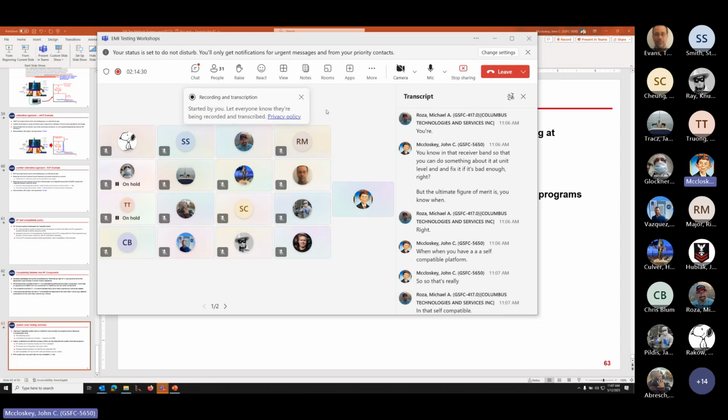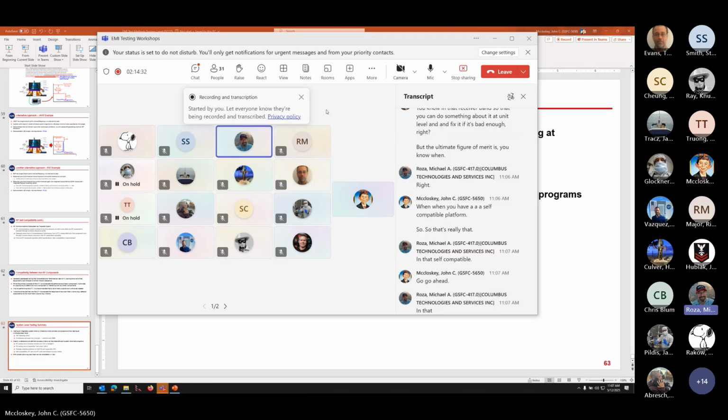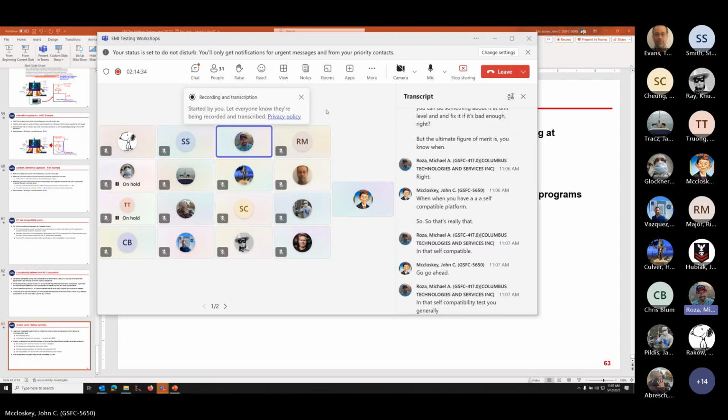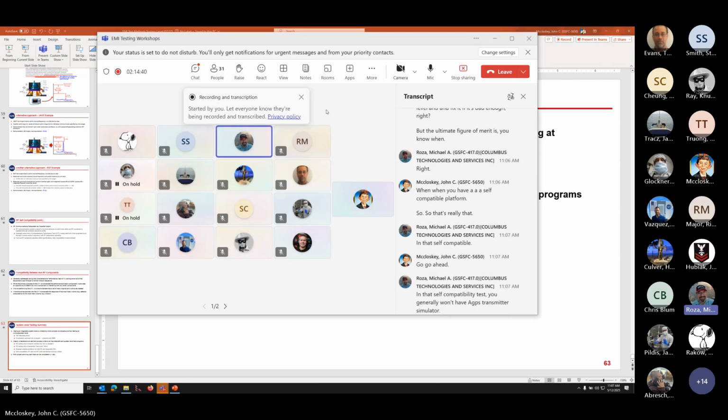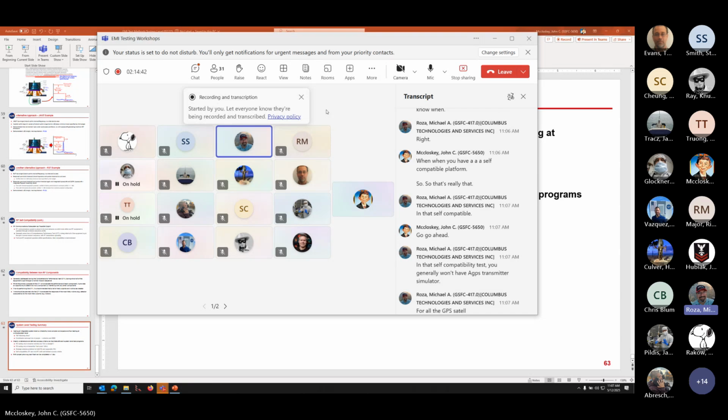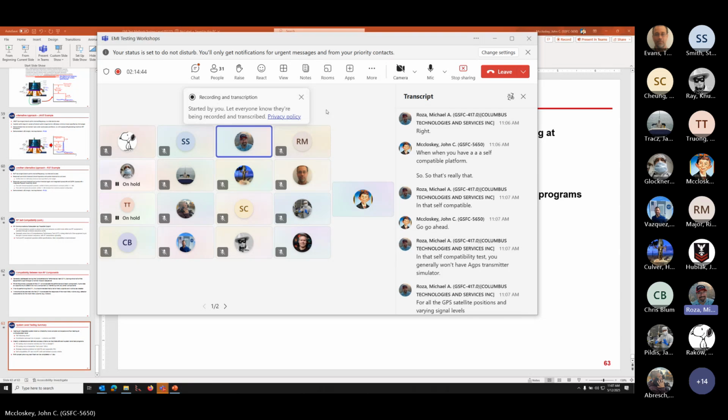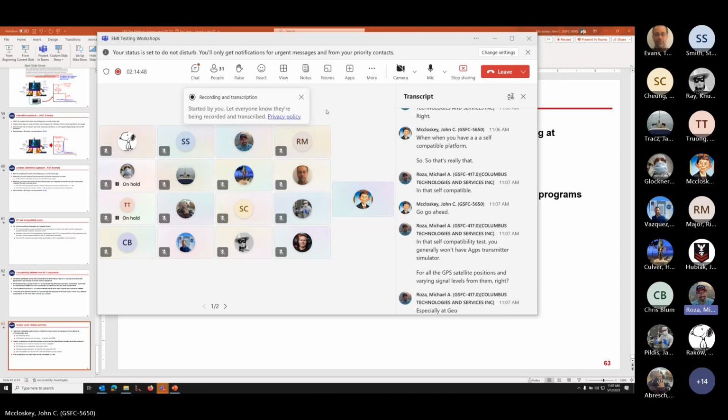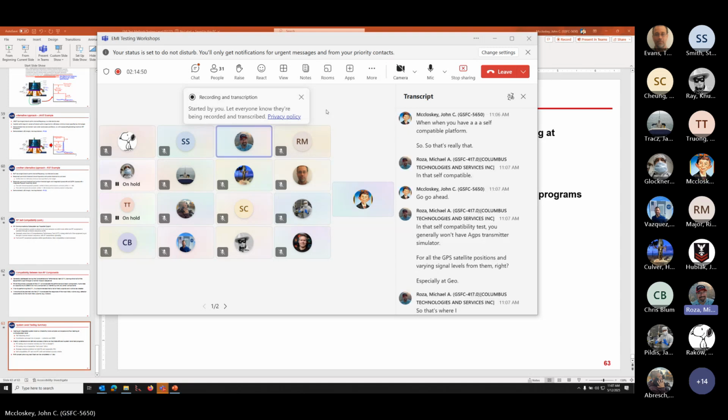In that self-compatibility test, you generally won't have a GPS transmitter simulator for all the GPS satellite positions and varying signal levels from them, especially at GEO. So that's where I wanted to make sure we understood.